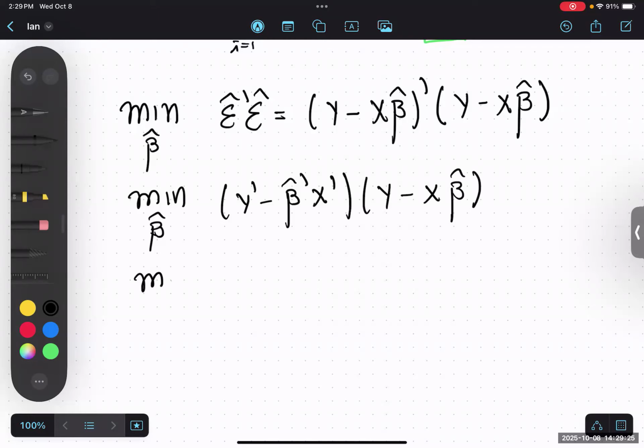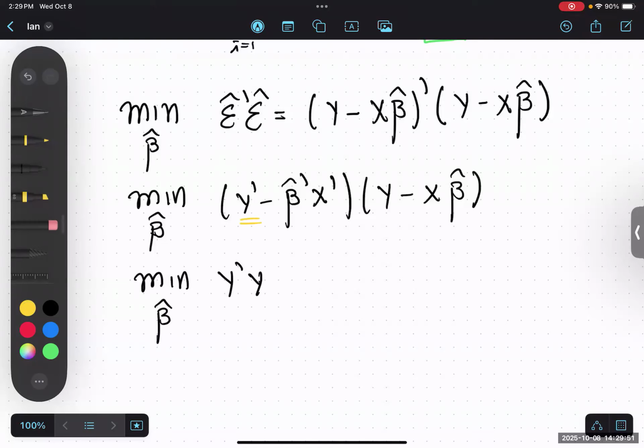And before I start taking first order conditions, I will distribute this product. You must be careful with the order of the matrices, because here the order matters, right? First you have your y transpose, and then you have y. Just multiply the first one times the first one.